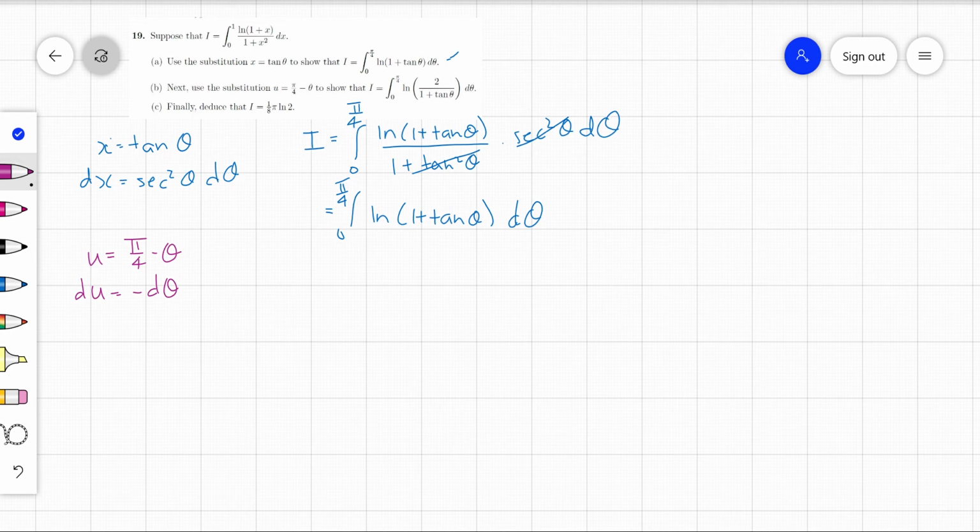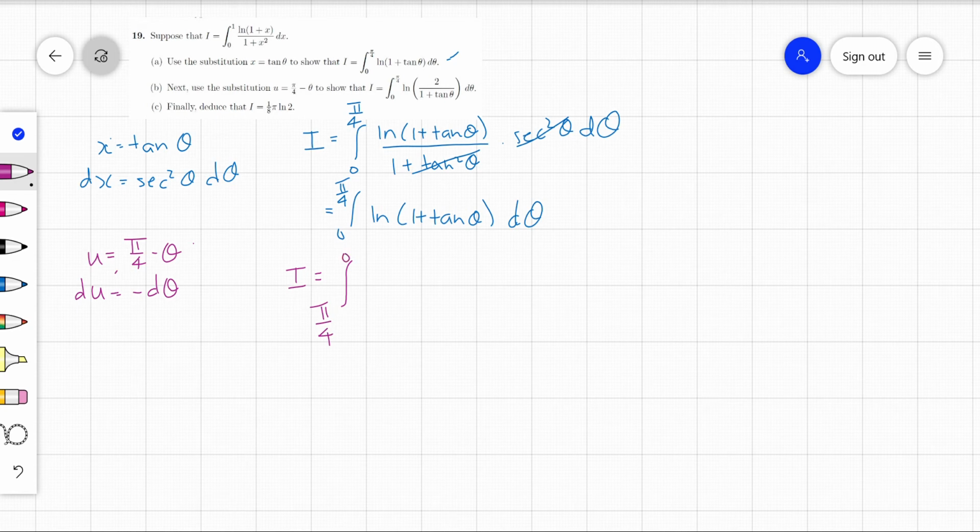So the integral here would equal, we're using our result above. Instead of 0 to pi on 4, when the angle is 0, if I put 0 in here, I get pi on 4. When I put pi on 4, I get pi on 4 minus pi on 4, so I get 0.